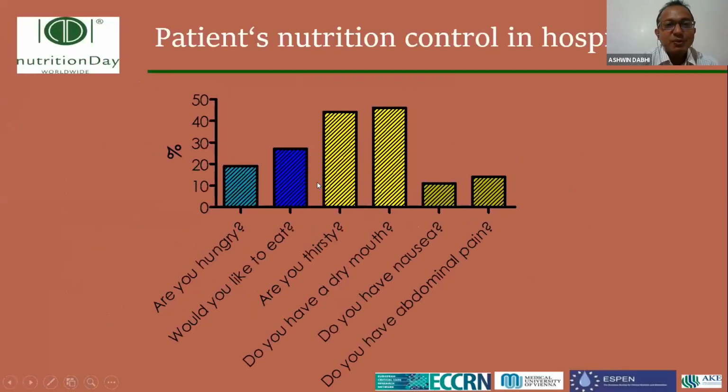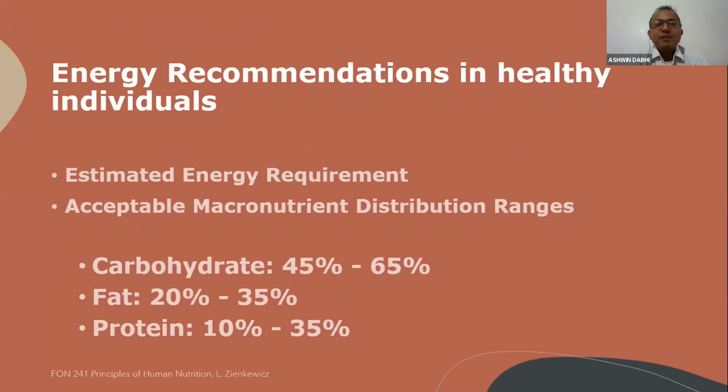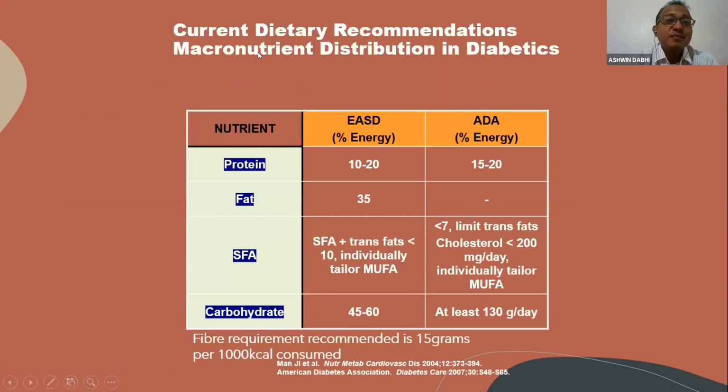So this was a nutrition day survey done by Dr. Michael Hiesmayr in various hospitals across patients. They found a number of reasons for decreased dietary intake. If you want to address the energy recommendation, these are for healthy people: 65% from carbohydrate, 20 to 35% from fat, and 10 to 35% from protein. But in the case of current dietary recommendations, for example, diabetes and heart disease, they have a common soil hypothesis, so we treat them as if they have similarities across the patient population.